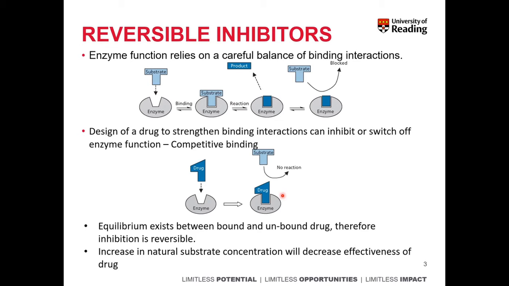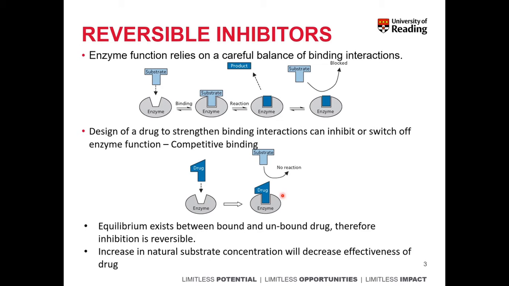Now, as this is an equilibrium process and is reversible, increasing the natural substrate will displace our drug molecule, and it'll allow the substrate to enter into the enzyme. So if we increase the concentration of our natural substrate, we can displace our drug molecule, and this will decrease the effectiveness of the drug.